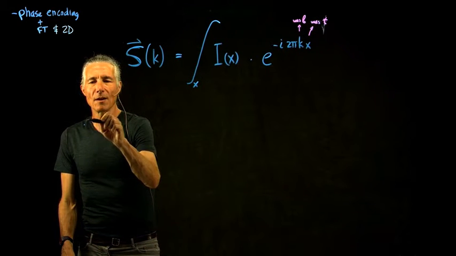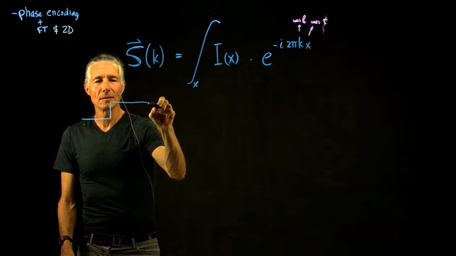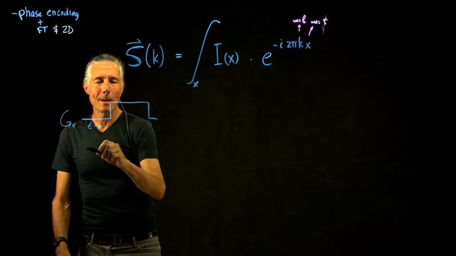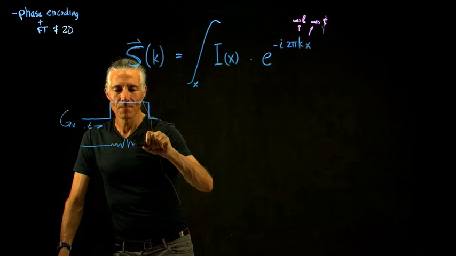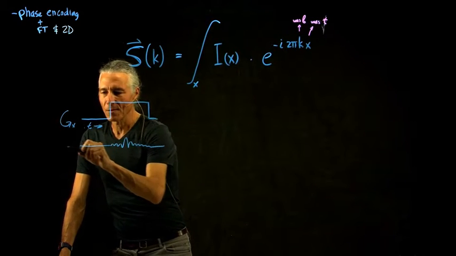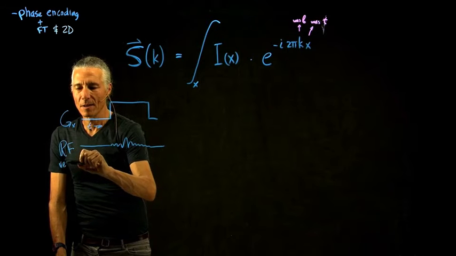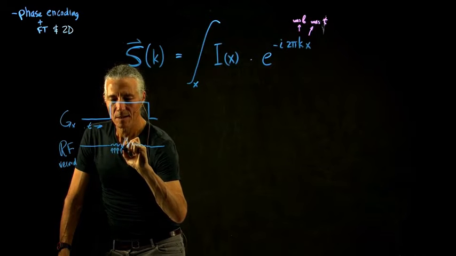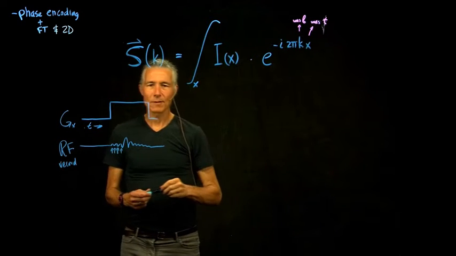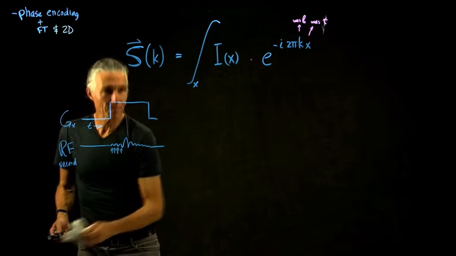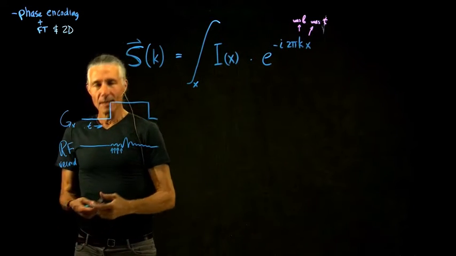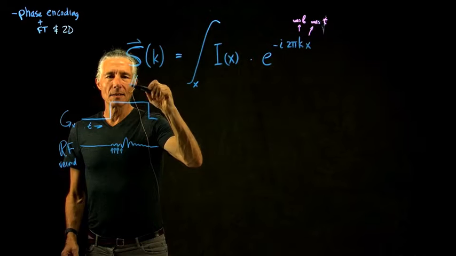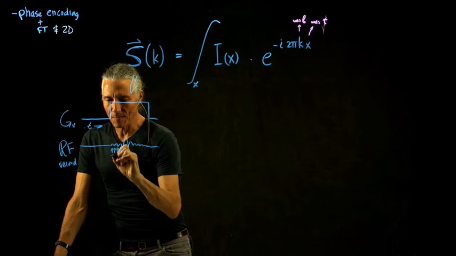So let's just draw out the gradient here. Here's, for instance, the Gx gradient in time, and then here's our echo. So this is RF record, and here's our data. Here are the data samples that are being recorded. So what corresponds to what? This signal that we're recording is the individual spatial frequencies.